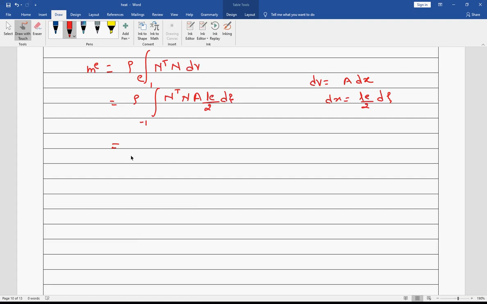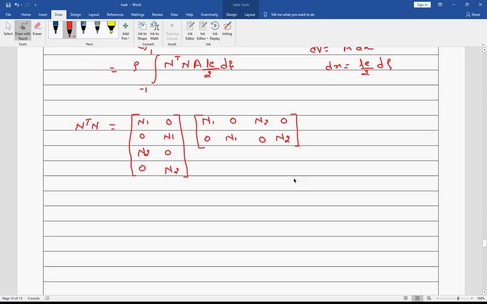Now I have to go for the multiplication of N transpose N. It is a 4 by 4 matrix: N1 0, N2 0, 0 N1, 0 N2, multiplied by N1 0, N2 0, 0 N1, 0 N2.